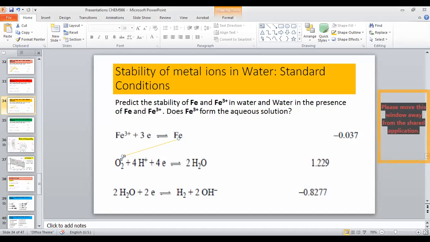This is also happening, but by looking at the potential, you can say that the cell potential is negative and this reaction is non-spontaneous. So that means if this is non-spontaneous, this iron is stable in water, or water is also stable in the presence of the iron.